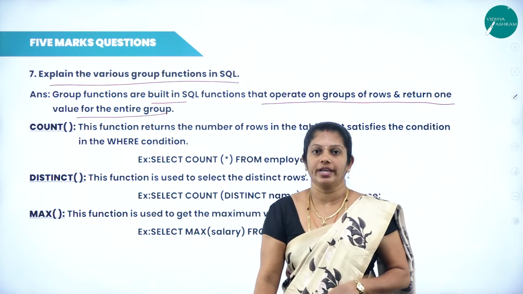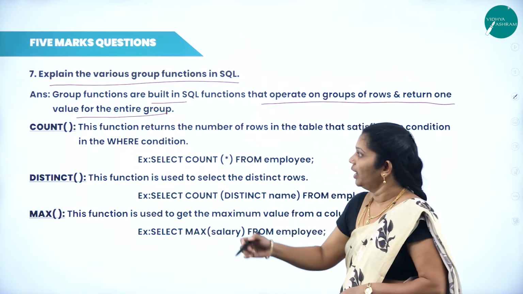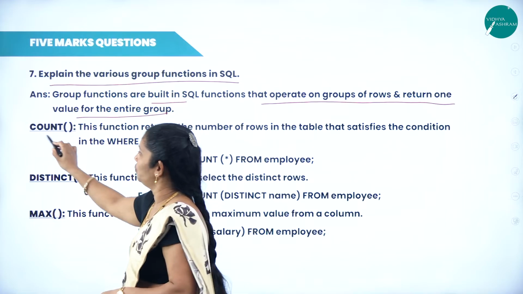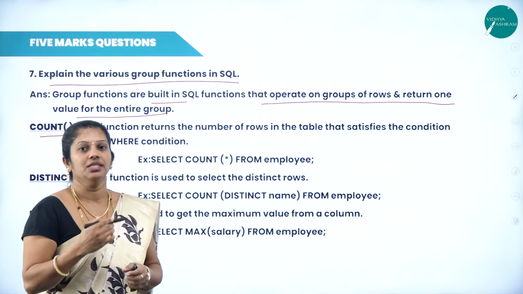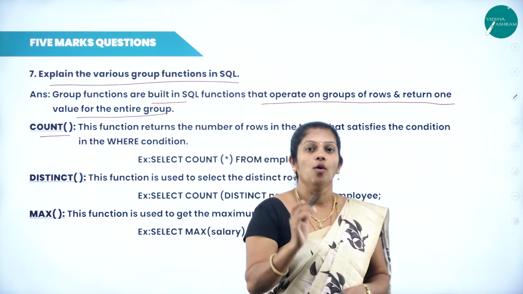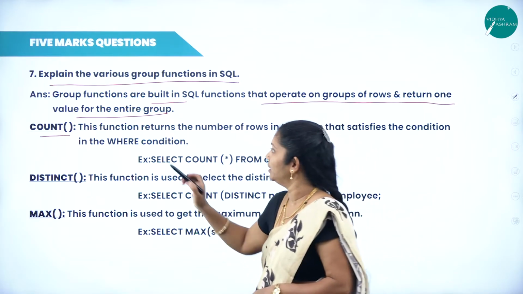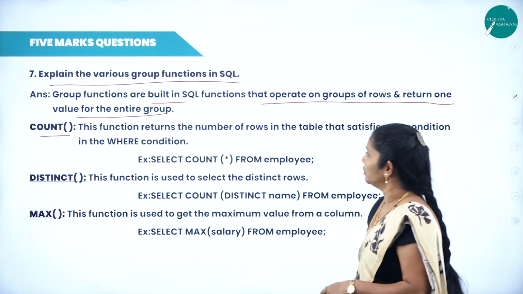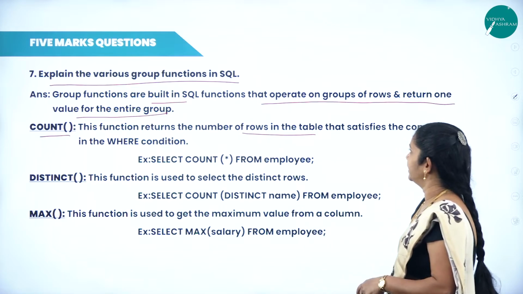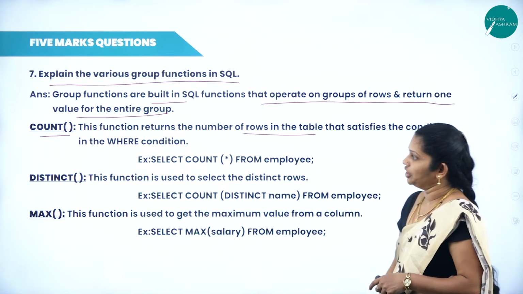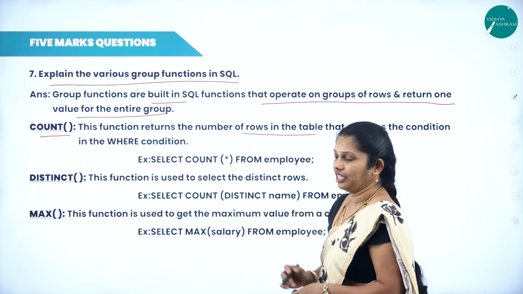Only one value we can get from that entire group. Under that, the first one is the count function, which helps to count totally how many records are there in the table. This function returns the number of rows in the table that satisfy the condition in the where clause.